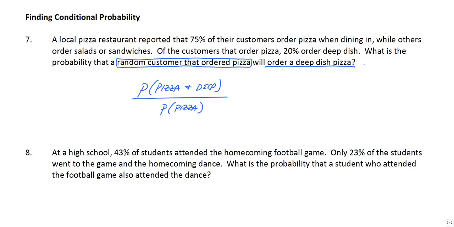So, I mean, you're not going to order a deep dish sandwich. So this is just the probability of people that order pizza and make sure that it's deep dish divided by the probability that it's pizza. So you would have 20% order deep dish out of the 75% population that orders pizza. And you end up with 0.267, which is equal to 26.7%.